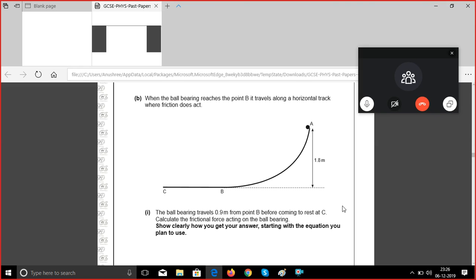Work done is energy transferred, how much energy has transferred. That's why energy and work done both have the same units, joules.